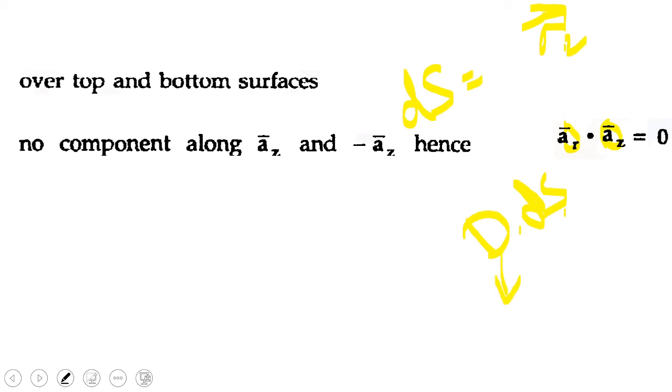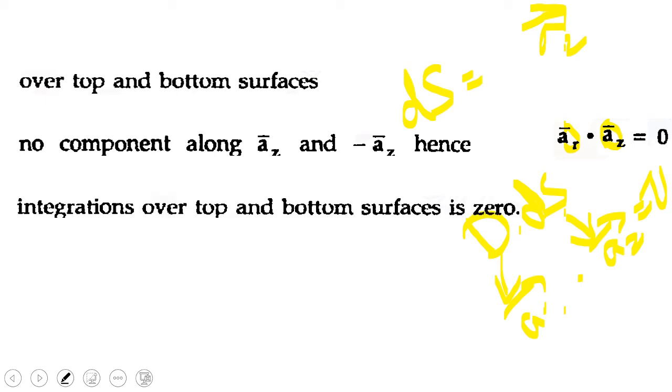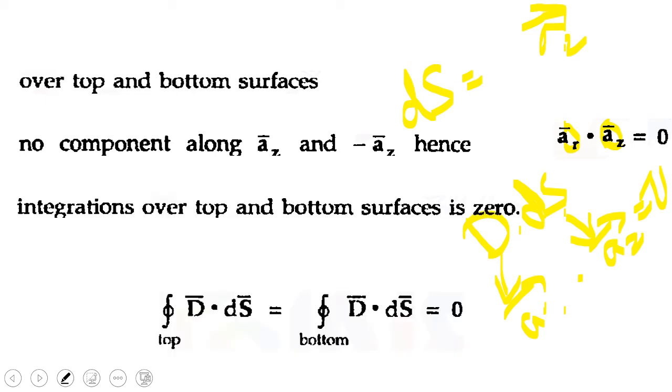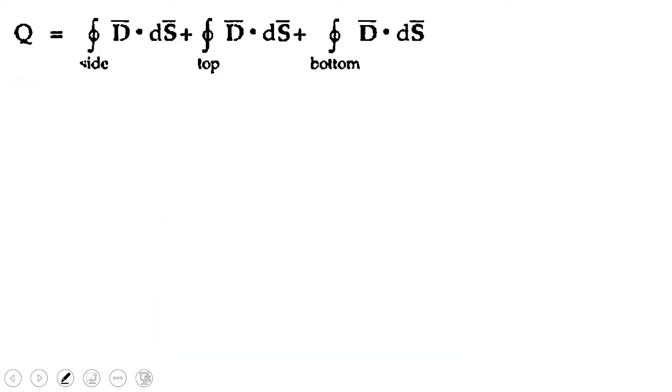Since in D you have a_r vector and here you have a_z vector, when you take the dot product of these two, it will be 0. So for the bottom and top surface, if you integrate, you will have 0. So the integration of D dot dS for the top side and for the bottom side is equal to 0. Now this is the equation of Gauss law expanded. So in here, top and bottom are 0, we will have only the side.